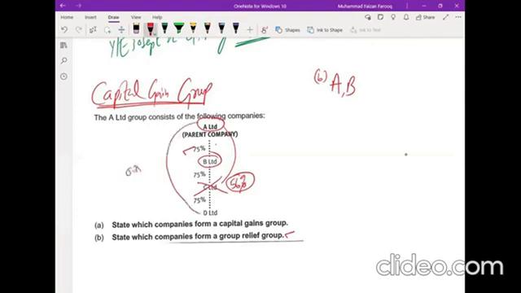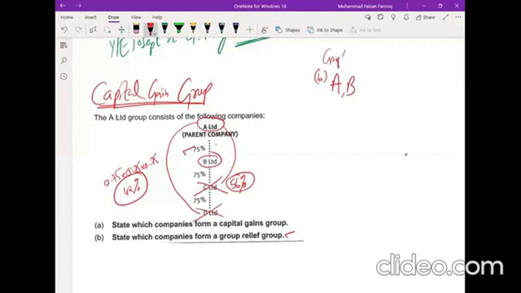So 0.75 into 0.75 into 0.75, what it will be? It will not be a part, but just for information we are solving. 42%. So D is also not a part of this group.